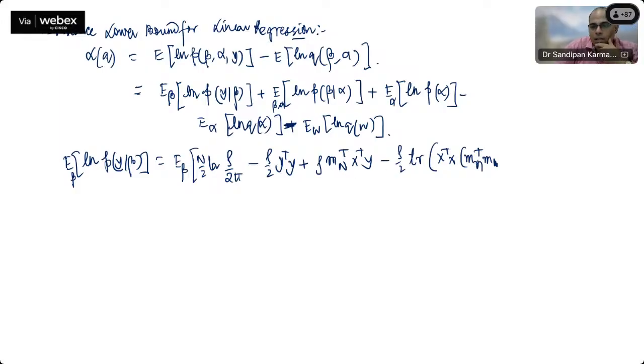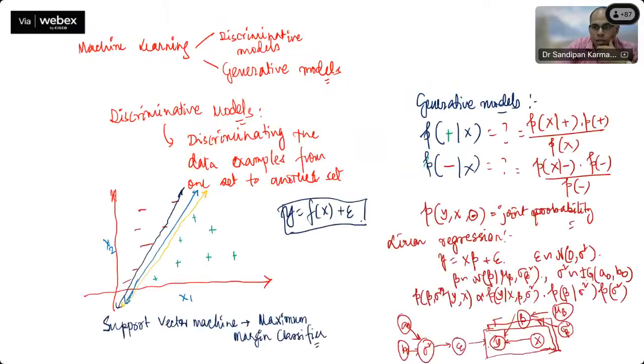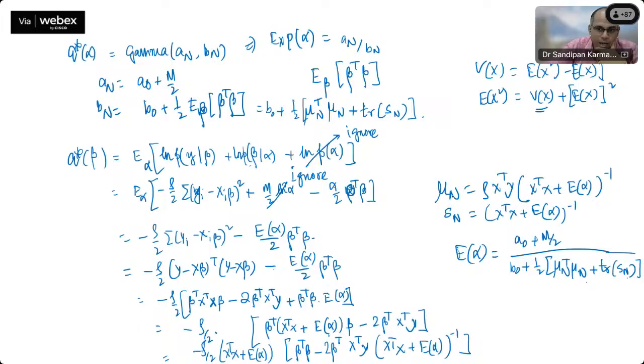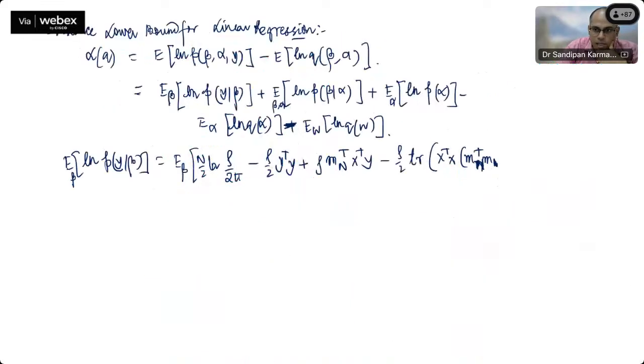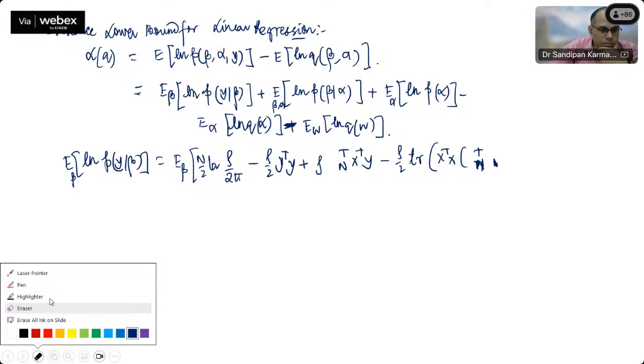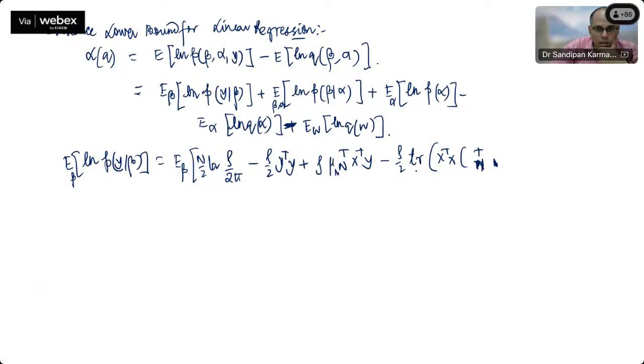So what is this mn, by the way? That is the mu n I had actually given. So this mn is actually mu n, so let me just change it to mu n.